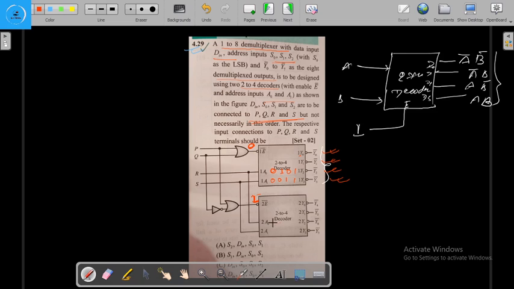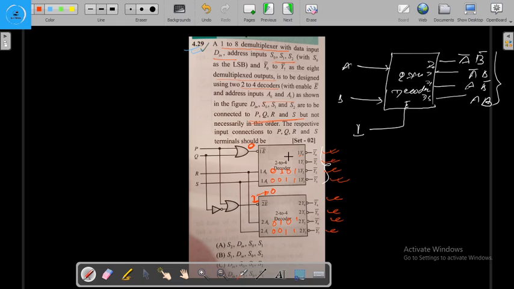So here enable is 0, here enable is 1, but if the enable is 0 for this one, then this one also gets activated. So for 0 0 this one will be activated, for 0 1 this one will be activated, for 1 0 this one will be activated, and for 1 1 this one will be activated.